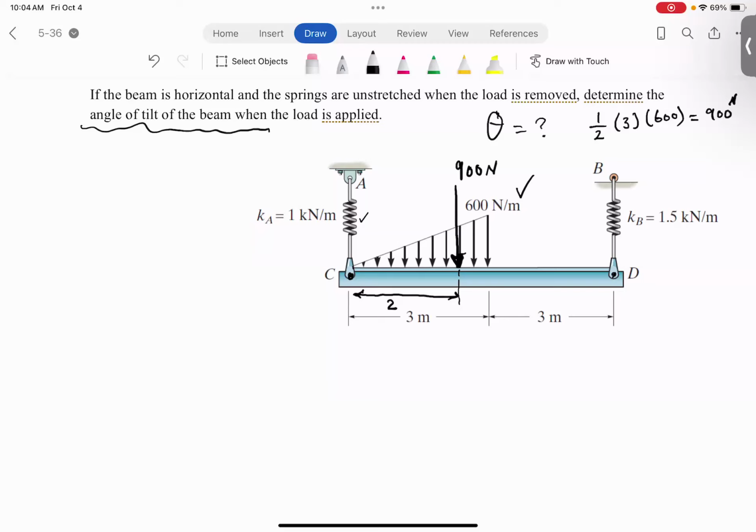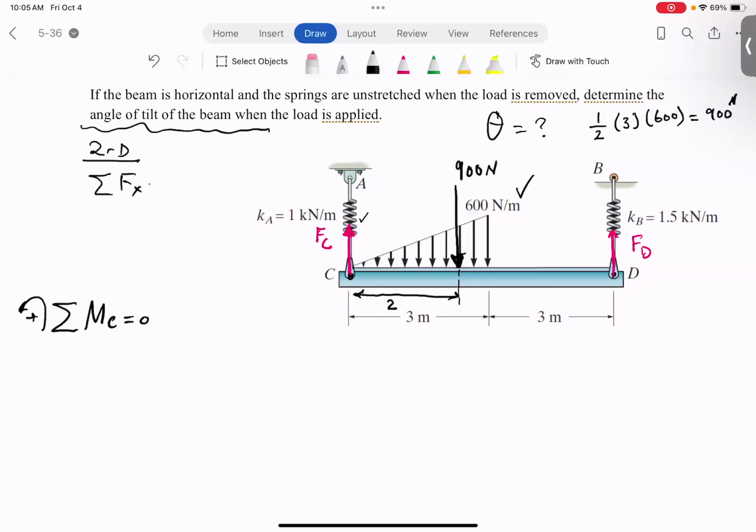All right, let's draw a free body diagram. Very straightforward problem. We have the force in this spring, call it F sub C, and similarly F sub D here. I can easily figure out what these forces are by taking moment about C or moment about D. Remember, for 2D problems we have 3 equations.